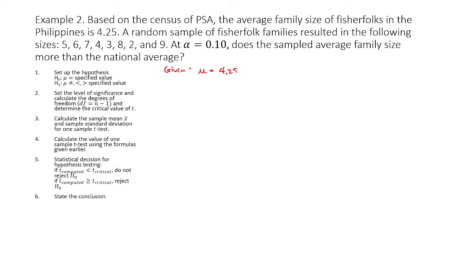A random sample of fisher folks family resulted in the following sizes. We have here 5 members, 6 members, 7, 4, 3, 8, 2, and 9. So at alpha equal to 0.10, does the sample average family size more than the national average?